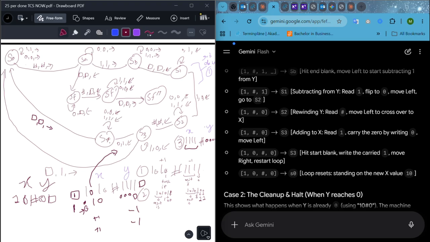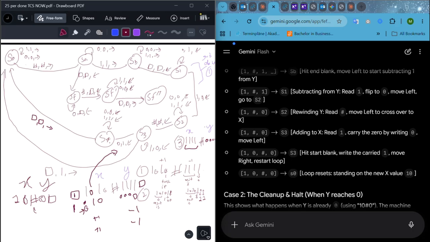How do we repeat the process? This time we have a 0. So in this position, see, if you read a 0 or whatever, keep moving right, find the hash, and here it reads a 0 on the right side, makes it a 0.